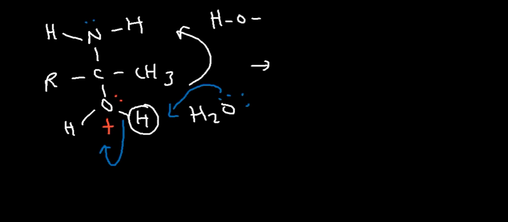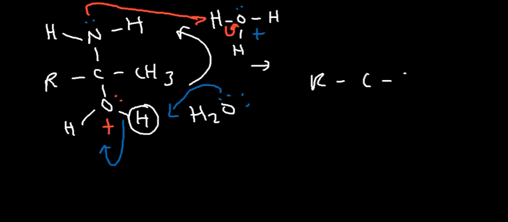And then in the next step, since I don't really feel like redrawing this molecule multiple times, after we regenerate the H3O+ ion, this nitrogen is going to grab a hydrogen, and then this bond will return back to the oxygen. So now we have a protonated amine group, which is a better leaving group than NH2, and we have an OH.